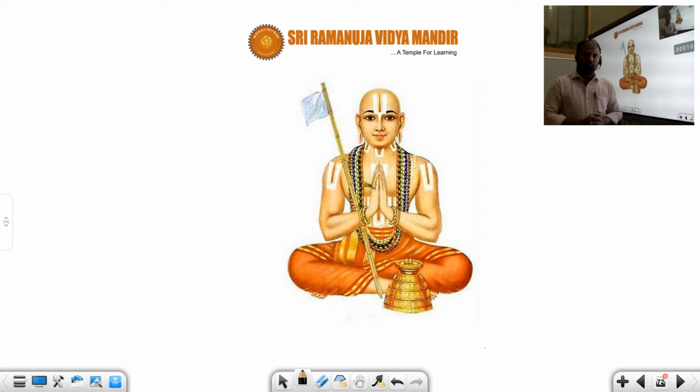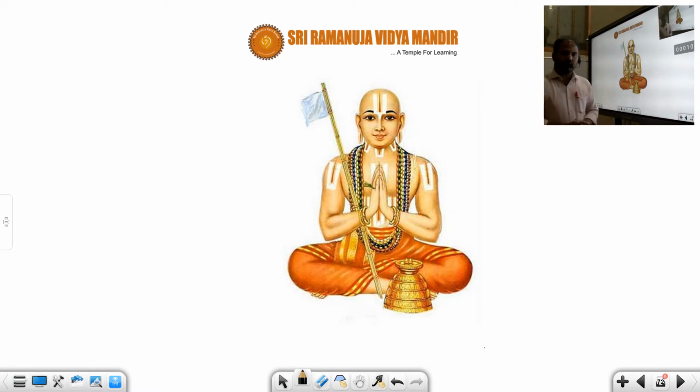Atomic radius is inversely proportional to ionization potential values. Whenever atomic radius increases, ionization potential values decrease. And effective nuclear charge is directly proportional to ionization potential values. Whenever effective nuclear charge increases, ionization potential values also increase.